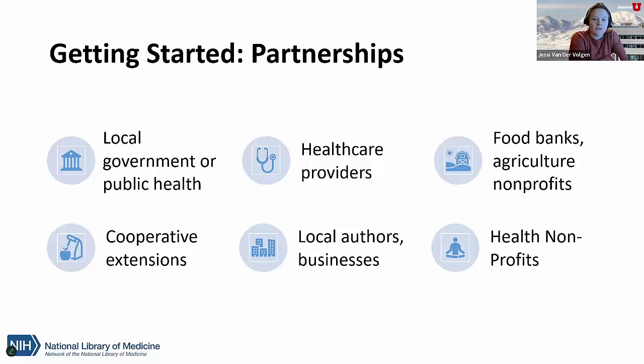Healthcare providers, food banks, agricultural nonprofits, SNAP educators, cooperative extensions. I think someone mentioned those. They might do programs on things like food safety, nutrition, mental health, aging, and more. Have any of you worked with your extension office? I'm always impressed by the variety of things that they have to offer.